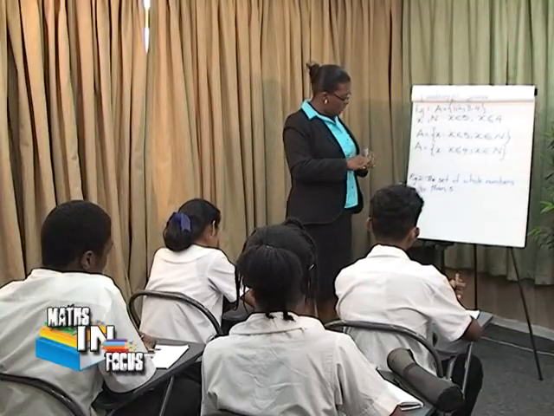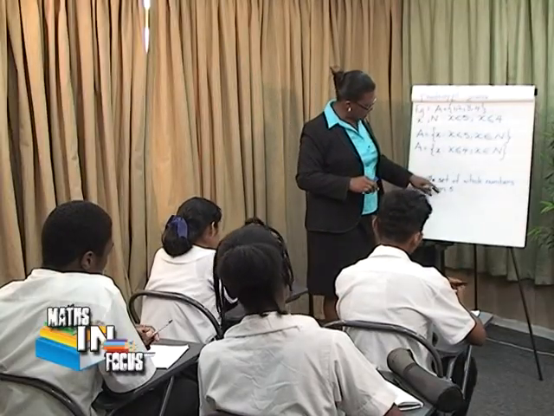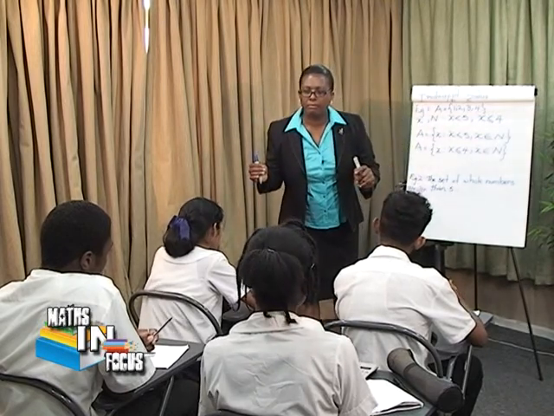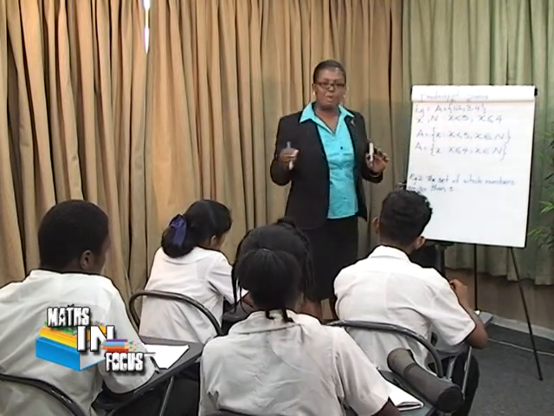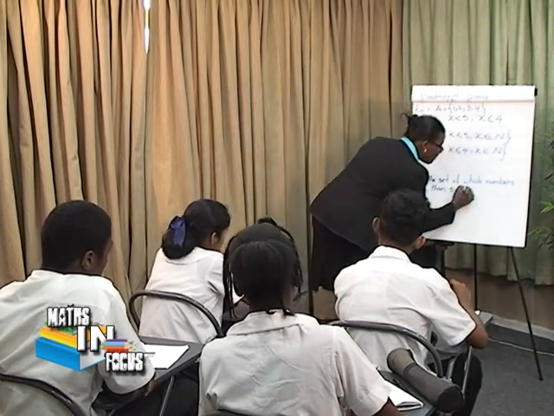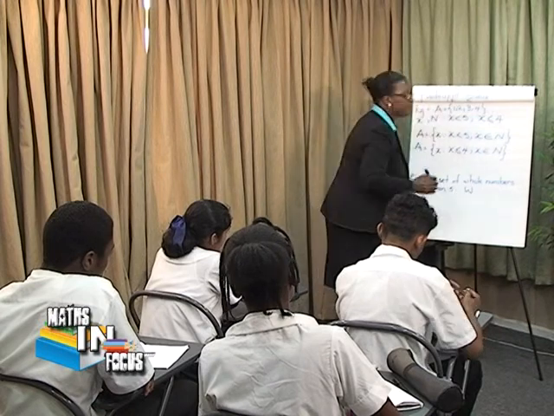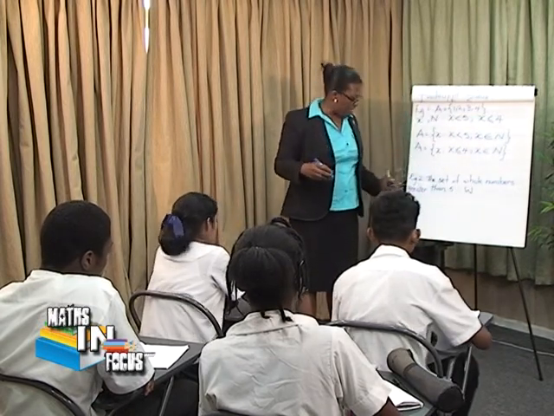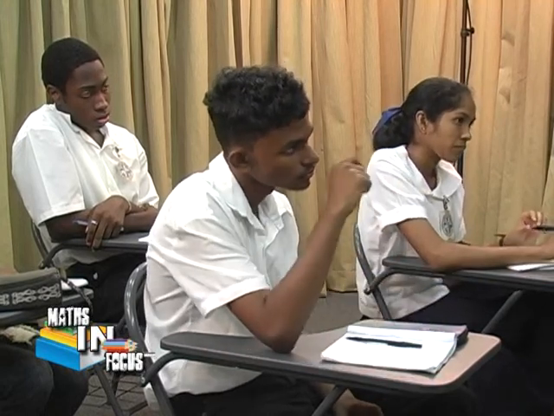Good. Now, when we look at this statement here, which set of numbers are we taking x from? Whole numbers. And that is represented by the letter W. So let's put that down. W. Now, if x is going to be greater than, would x be at the closed end or the open end? The open end.